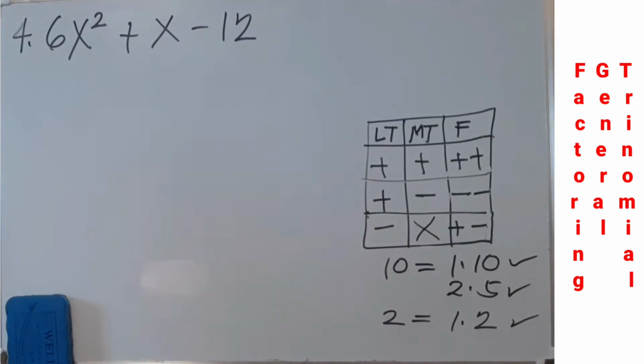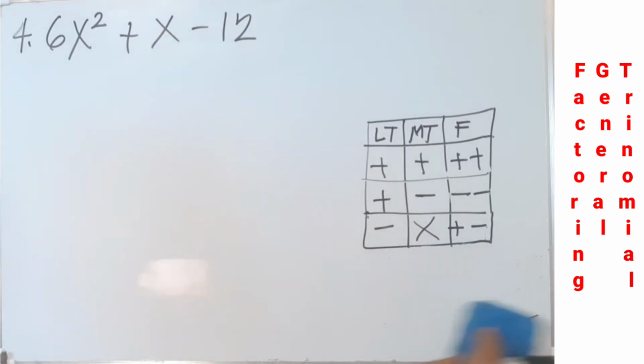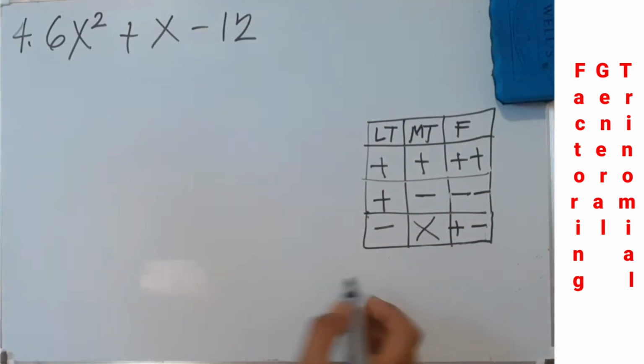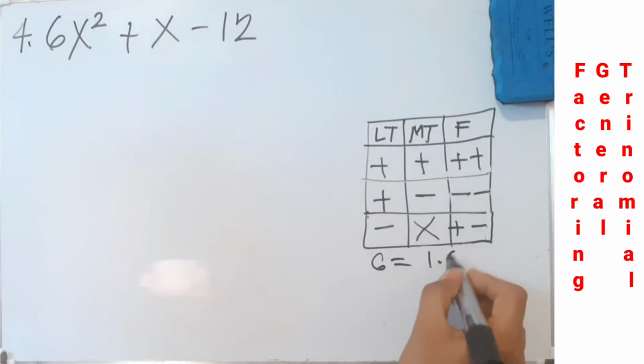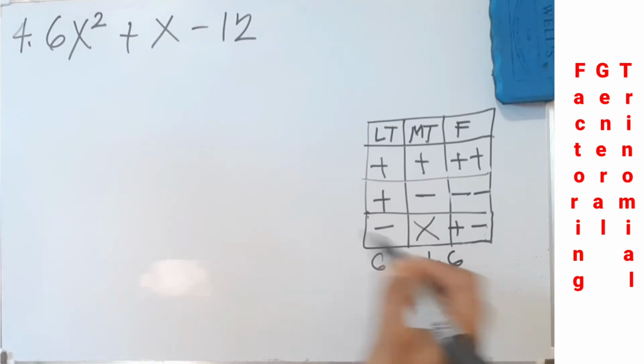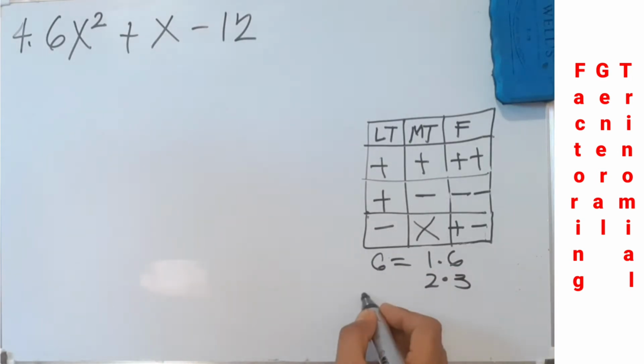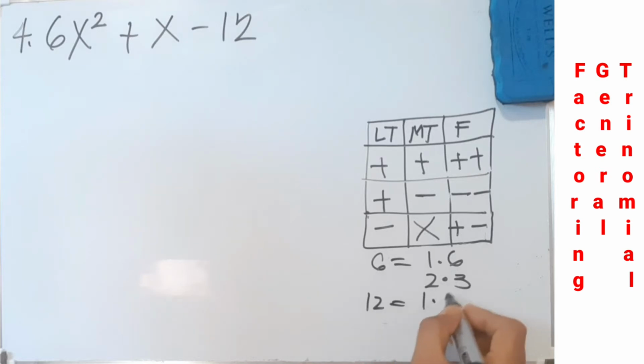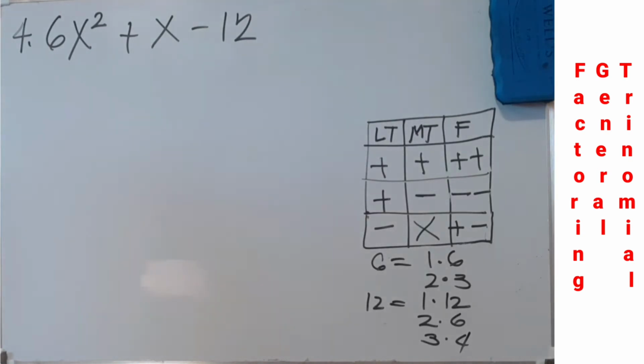Next, example number 4, factor 6x squared plus x minus 12. As usual, list all the possible factors of 6. So 1 times 6 and 2 times 3. The possible factors of 12 are 1 times 12, 2 times 6, and 3 times 4.